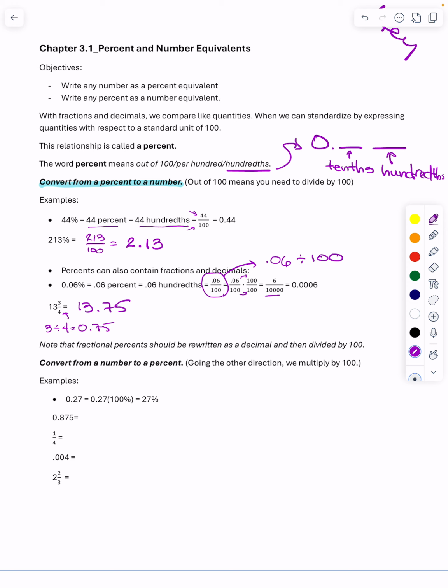So you got to be very careful. The 13 wholes stays 13 wholes. It's only the 75 that gets put over 100. It's only that 75 over 100 that we are dividing.